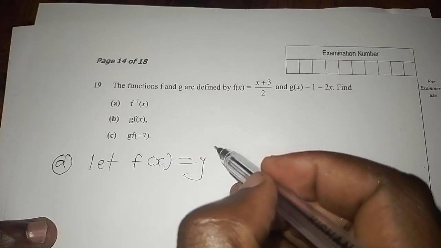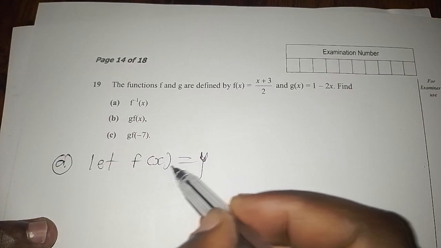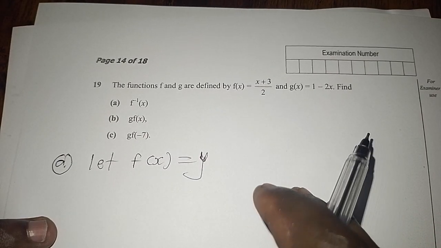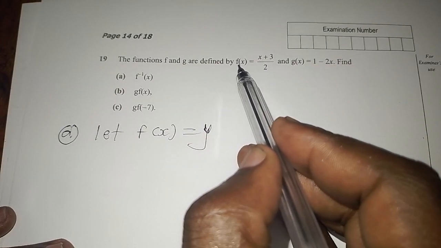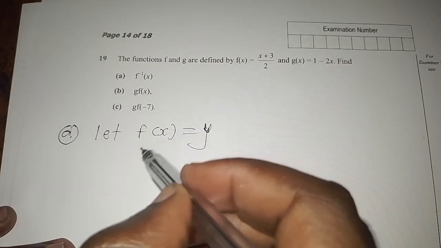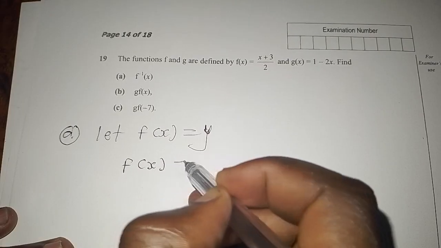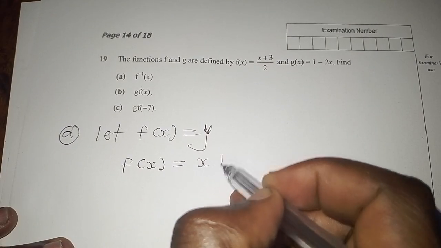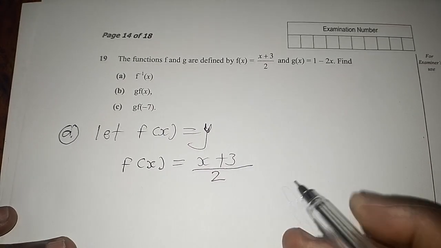That is the first step. Then you get f of x the way it is, which is x plus 3 divided by 2.